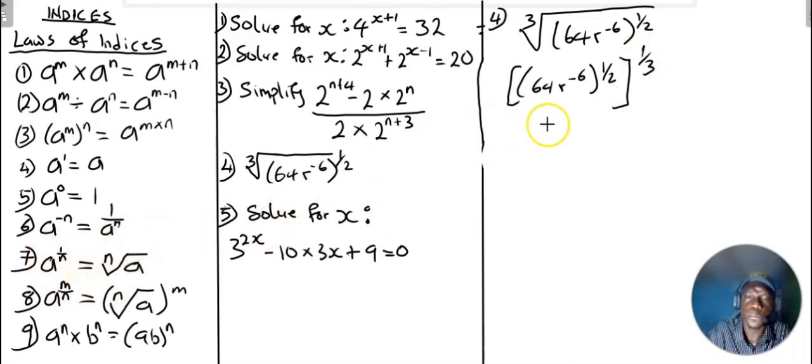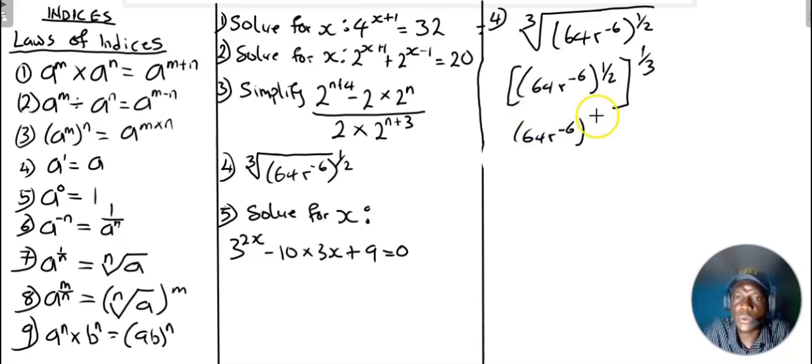Now when you have this, we will apply the power law that says that when a number is raised to more than one power, the powers will multiply. So these powers will multiply. You have 64r raised to power minus 6, raised to power 1 over 2 times this power now, times 1 over 3, which is very simple.